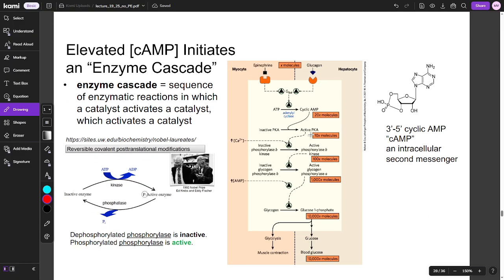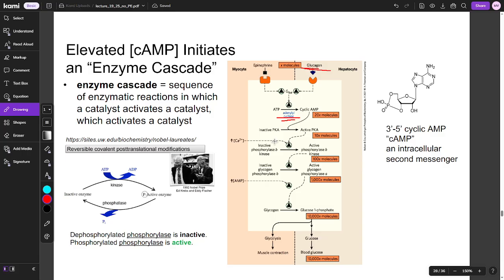So this is a very intimidating slide. I wouldn't worry about this. Basically, what this is trying to say is that glucagon leads to phosphorylation through protein kinase A, and it's a very exponential pathway. So glucagon leads to cyclic AMP, adenylate cyclase, and that leads to a bunch of PKA activation.